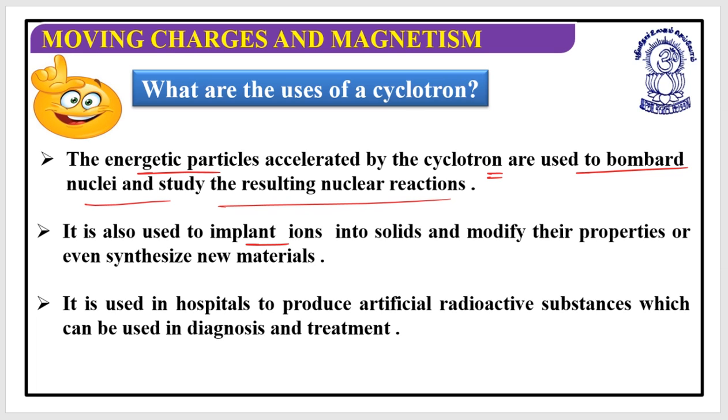It is also used to implant ions into solids and modify their properties or even synthesize new materials. It is used in hospitals to produce artificial radioactive substances which can be used in diagnosis and treatment. Is it clear?